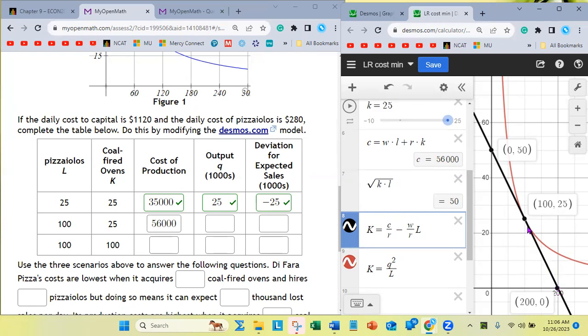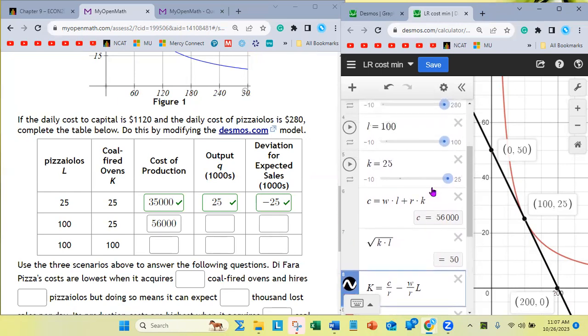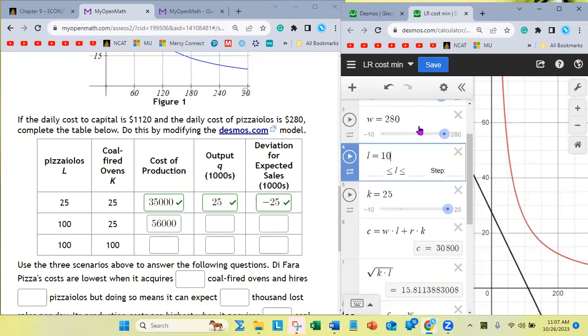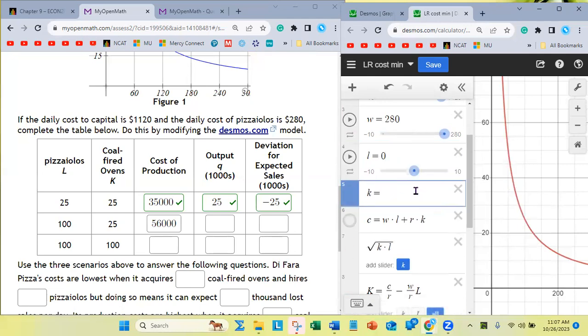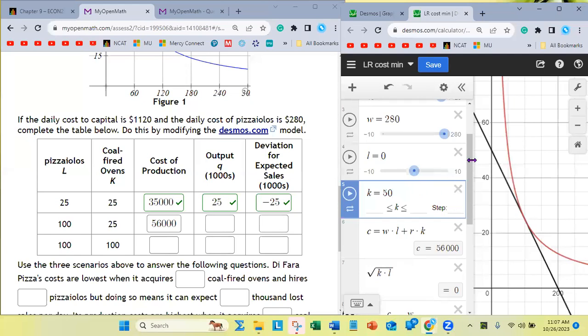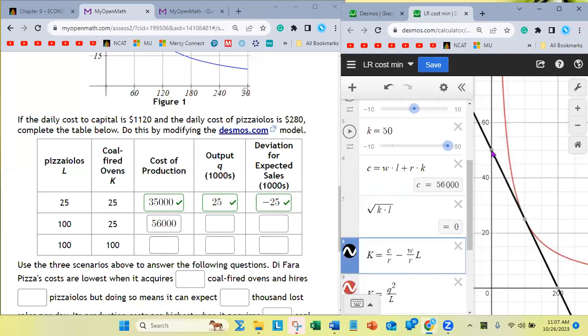So this line, if you calculate the cost at these 3 points, they're all going to be $56,000, right? I can change this to 0 and 50 to show you. So the cost is 56,000.